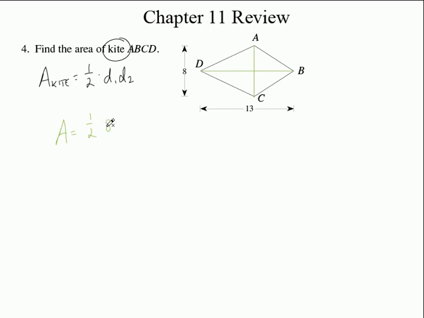So it's 1/2 times 8 times 13. Half of 8 is 4, 4 times 13 is 52. I'm not going to take off if you don't put units, but a lot of teachers would have you do that, 52 units squared. That's how you find the area of a kite.